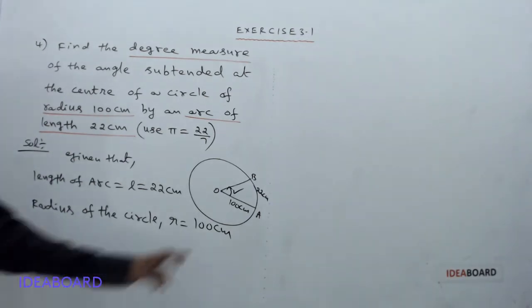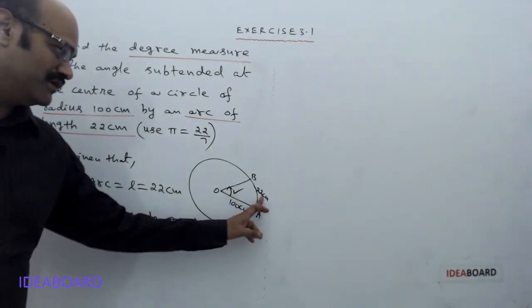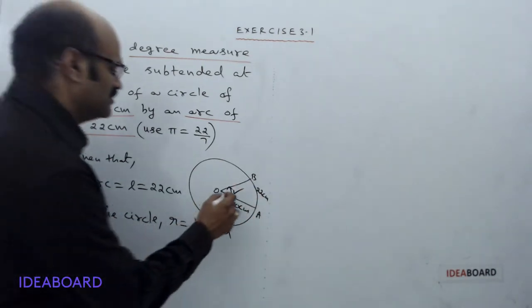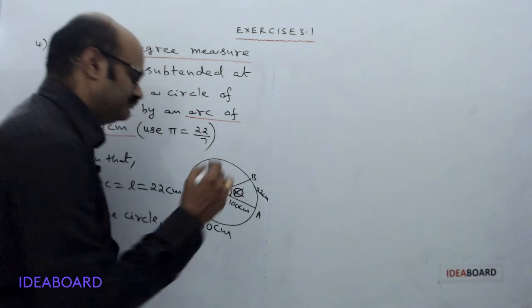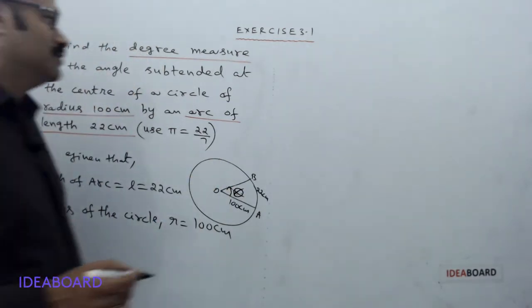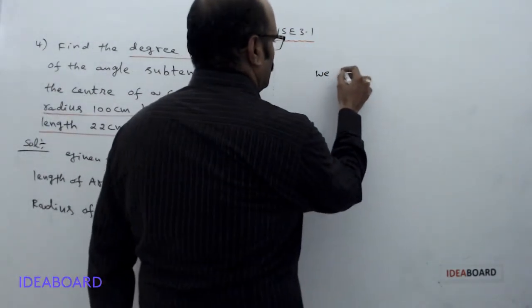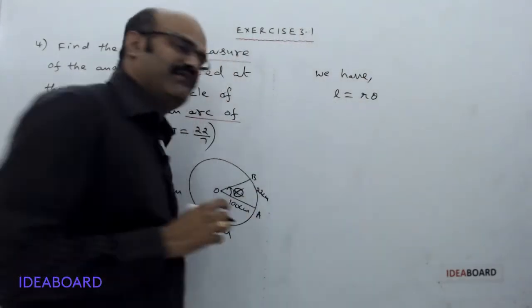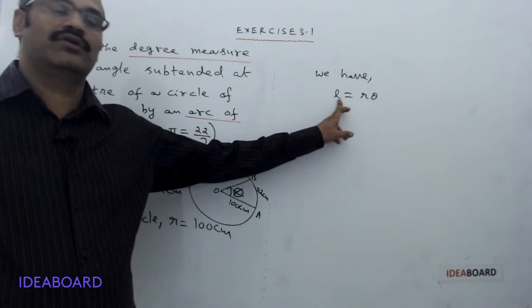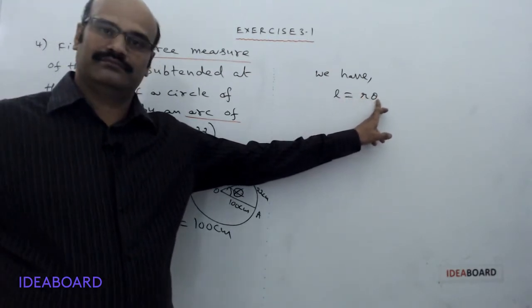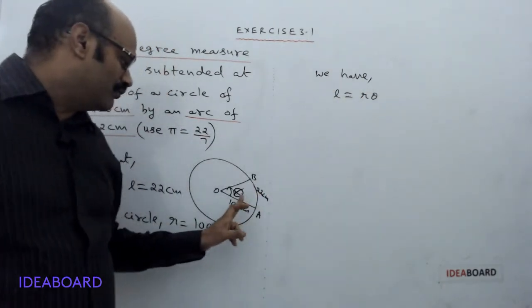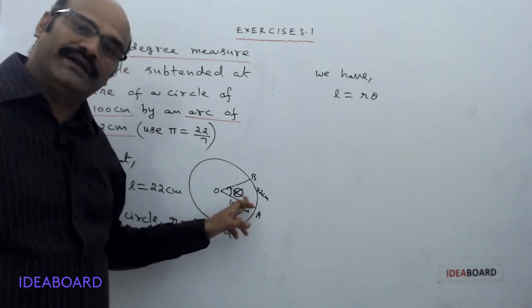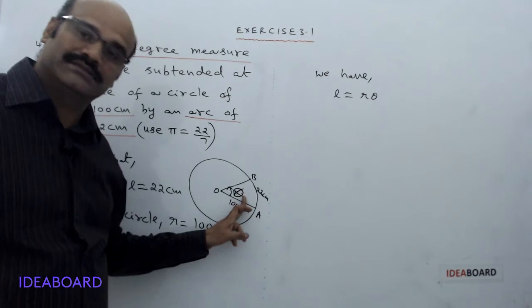Now we know that length of the arc is always L equal to R into theta, so let me take this angle as theta. This is the formula: length of the arc L equal to R into theta. Now we have to find theta here. Always we get theta in terms of radians.